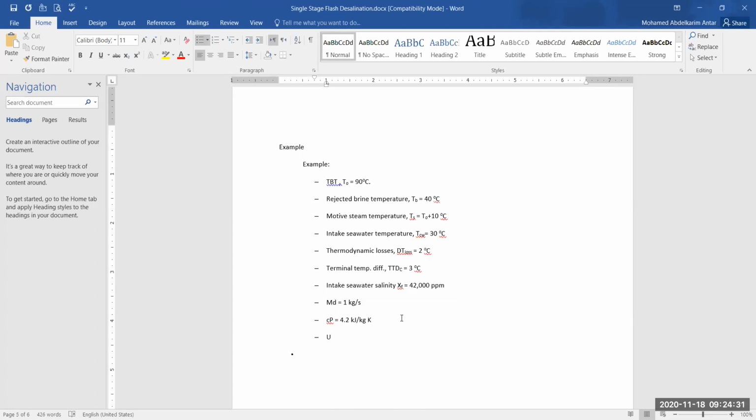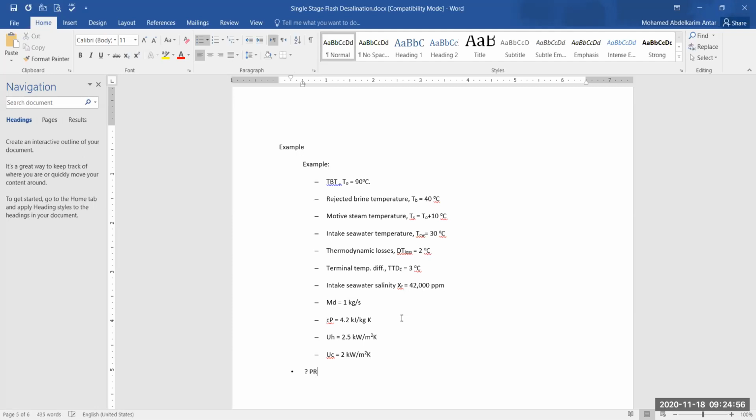But what is given is the overall heat transfer coefficient on the hot side, which is 2.5 kilowatt per meter square Kelvin, and the overall heat transfer coefficient on the cold side, which is 2 kilowatt per meter square Kelvin or centigrade. So this is the kind of information that we have in the problem.